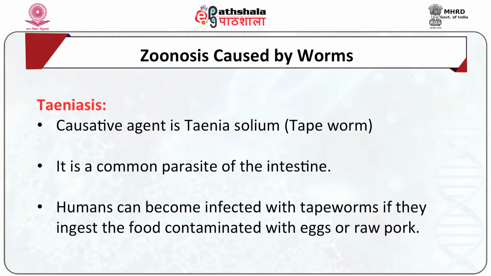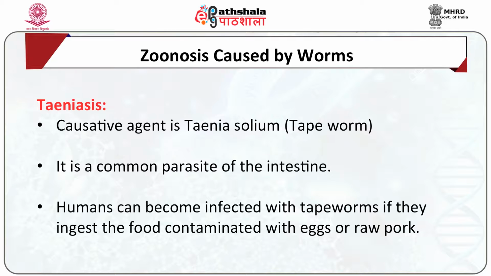Next disease is teniasis. It is caused by the platyhelminth Taenia solium, commonly known as tapeworm. The adult tapeworm consists of many small segments known as proglottids, which contain eggs, break off the tail end and are passed into stool.